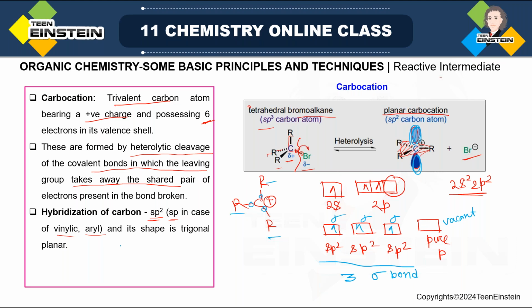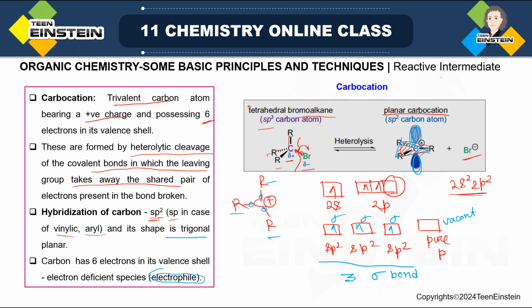Though in case of vinylic and aryl, there will be sp hybridization, that we will also see. So see, its shape is trigonal planar, because this is trigonal and this is planar also. And as there are a total of 6 electrons in its valence shell, its octet is not complete. So that is the reason it can behave as an electrophile.